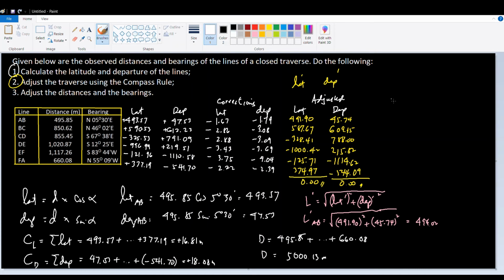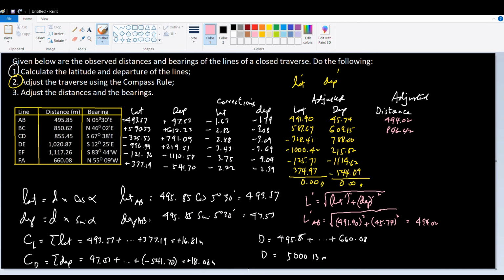We apply the same formulas for the other traverse lines. Adjusted distance or length: for AB, 494.02. For the adjusted length of BC, it will be the square root of 587.67 squared plus 609.15 squared. And that should give us 846.42.